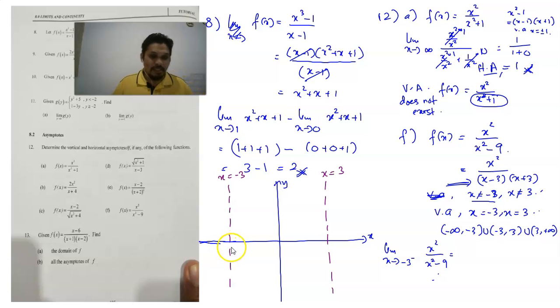Negative 3.1 squared is positive, 9.61. 9.61 minus 9 is positive. So positive divided by positive, positive infinity. So the graph will be something like this.